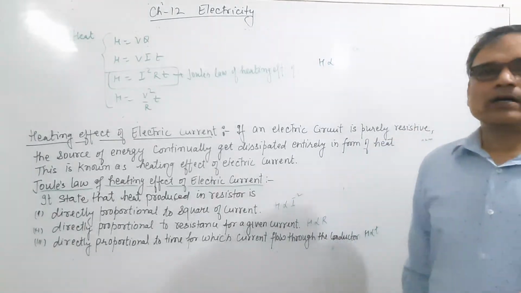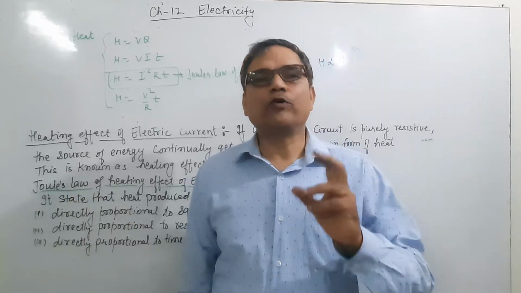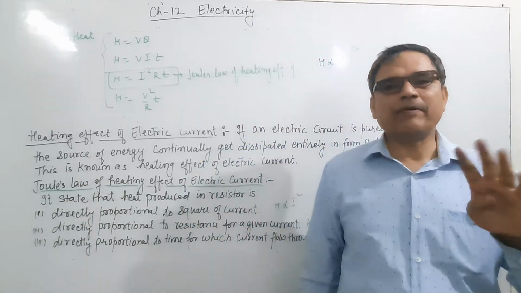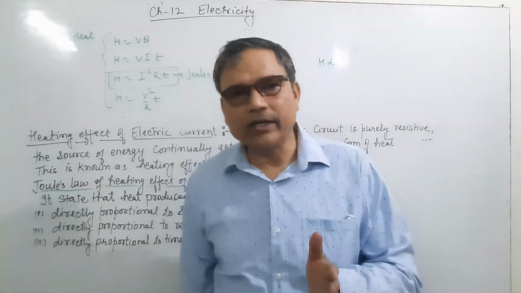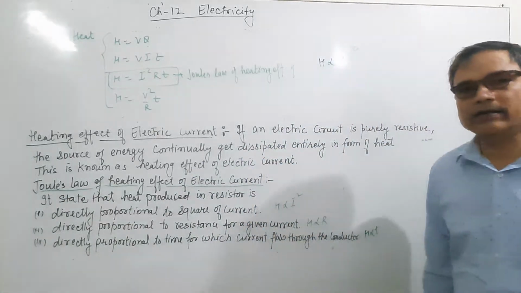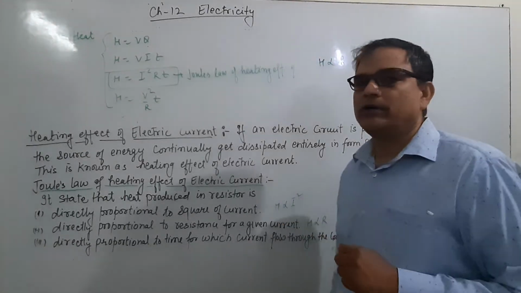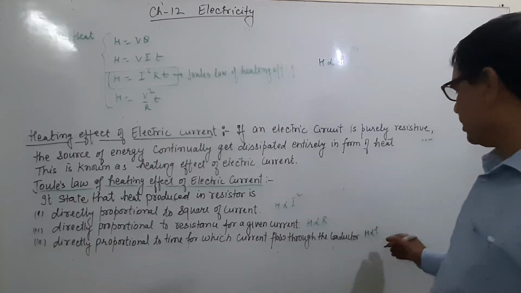For example, if you heat an immersion rod for 1 hour, it produces some heating effect. If it is used only for 10 minutes, the heating effect will be less. Why? Because heat is directly proportional to the time. If we increase the time, the heating effect will also increase. If we decrease the time, the heat will also decrease.